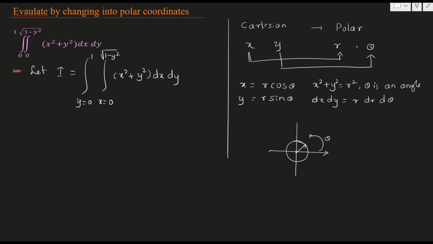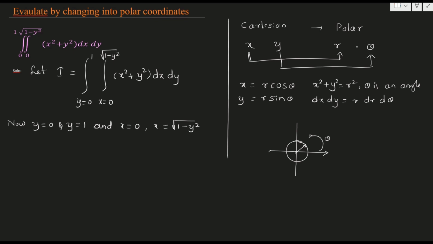Now y varies from 0 to 1, and x is equal to 0 up to x equal to root 1 minus y square.